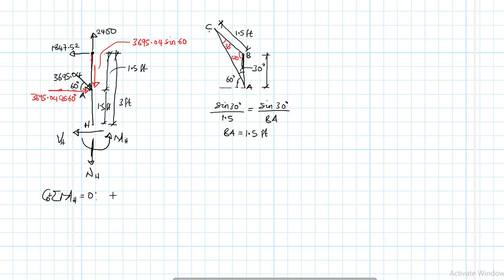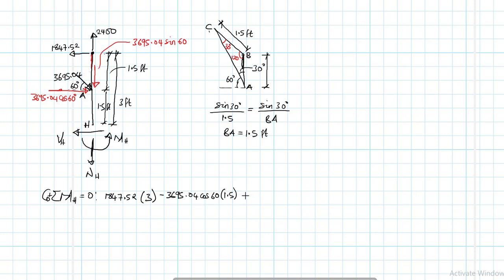We have 1847.52 times 3, anti-clockwise of course, and then we have clockwise 3695.04 cos 60 by 1.5.